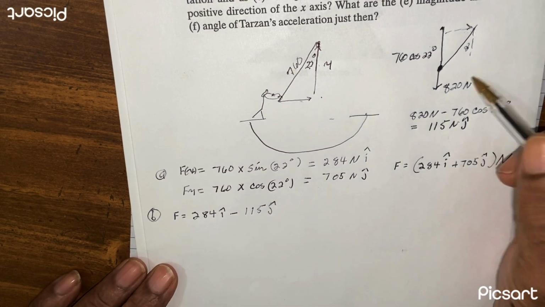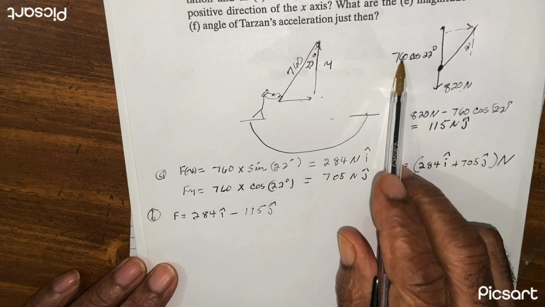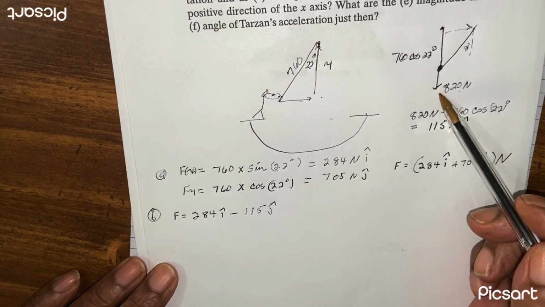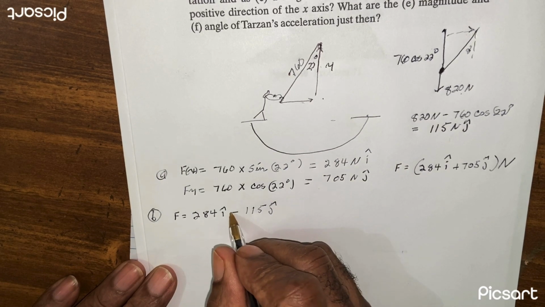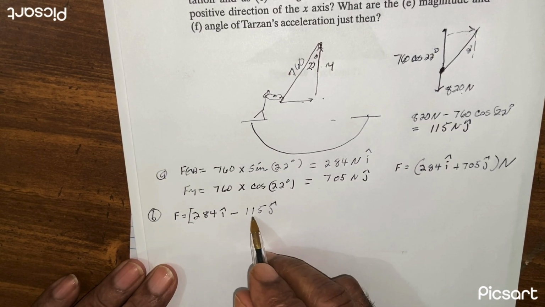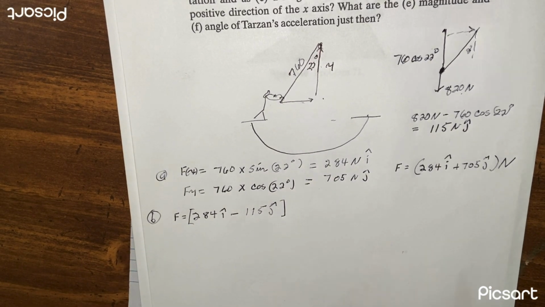Now we see that this 820 is larger than the 760 cosine of 22, so the direction is negative. So that's going to be minus 115 J hat. So that's B.